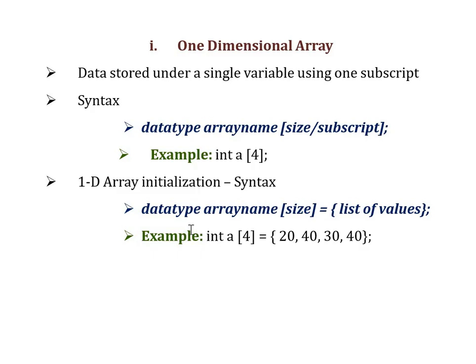You could see here the syntax: data type, array name, size, and equals. Within curly braces, comma separated elements or a list of values will give you the one-dimensional array initialization. For example, int a of 4, and you have all the 4 elements separated by commas within the braces. So this is a of 0, a of 1, a of 2, a of 3.